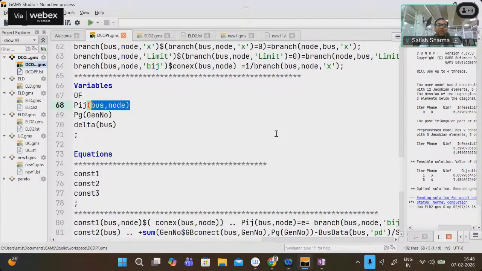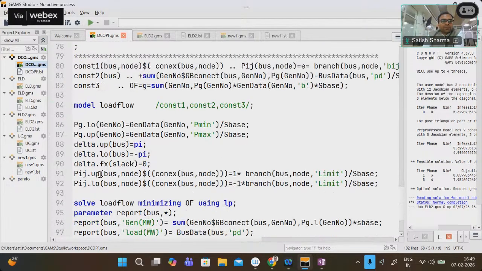So if it is defined as a variable, the line flow constraints which we defined in inequality constraints can go into limits. Okay, so those can go into the lower bound and upper bound. So that's why the Pij up for bus is I and node is, let's say, J. Syntax.